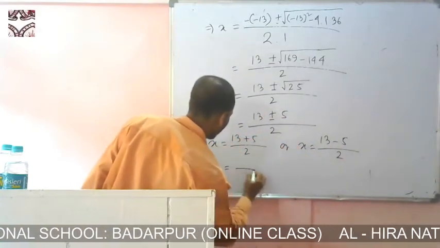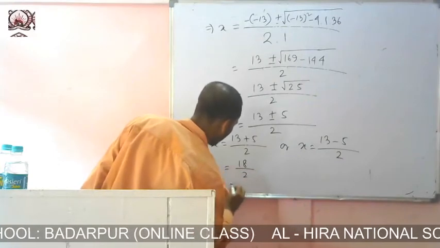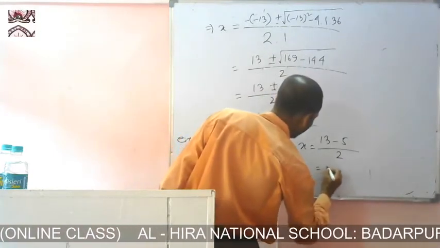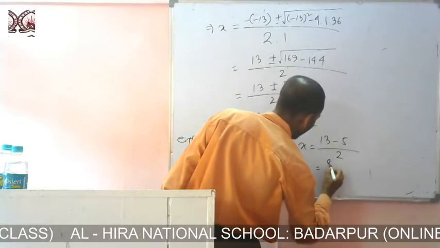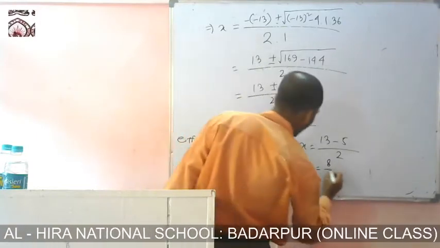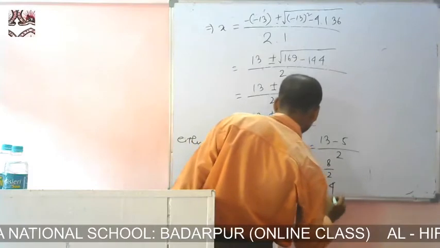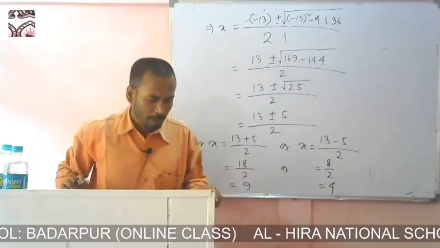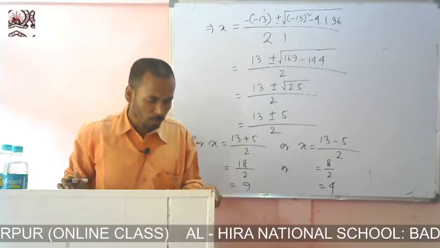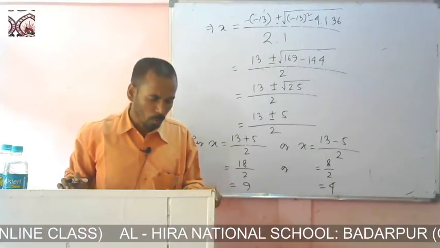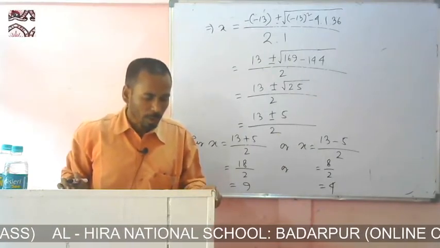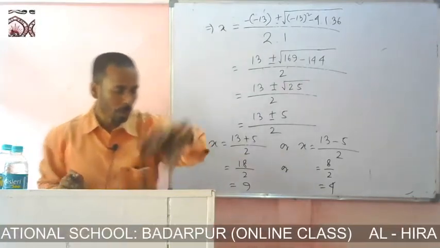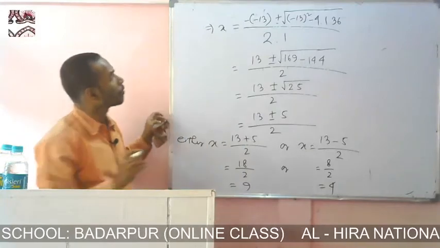So it is 18 by 2, which is 9, or 13 minus 5 is 8 by 2, which is equal to 4. So we are getting two values, one is 9, another is 4. Therefore the required number of terms is either 4 or 9.